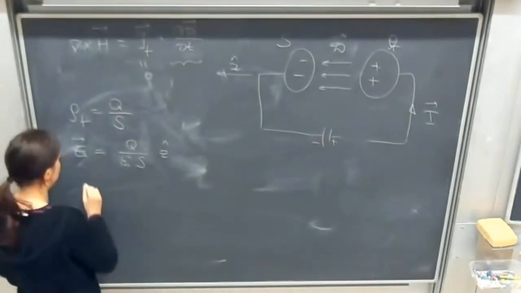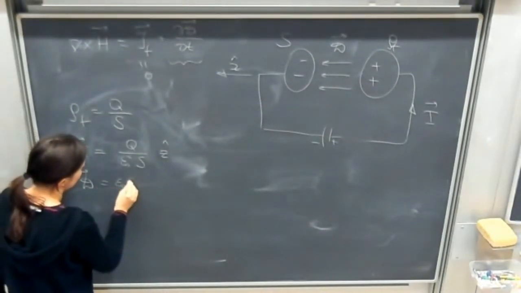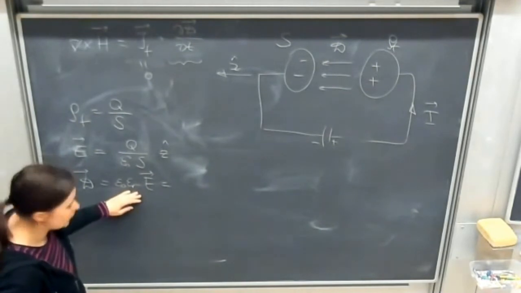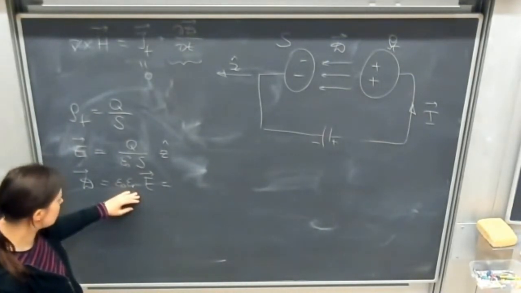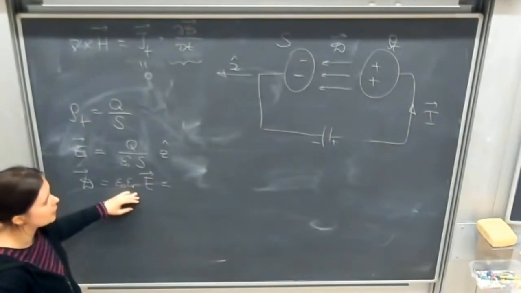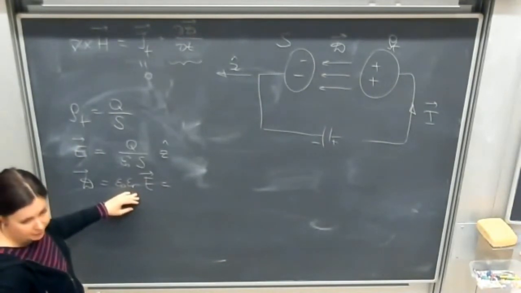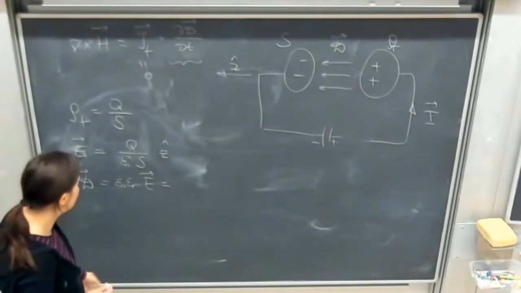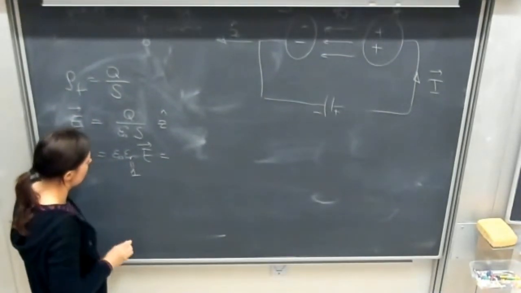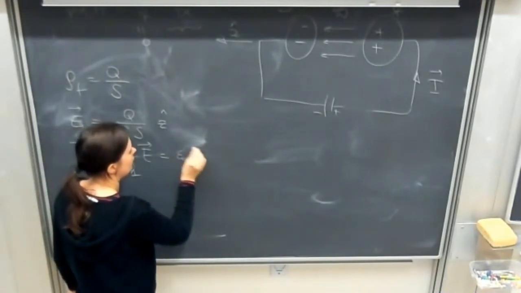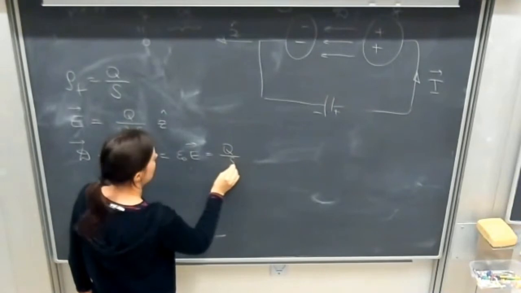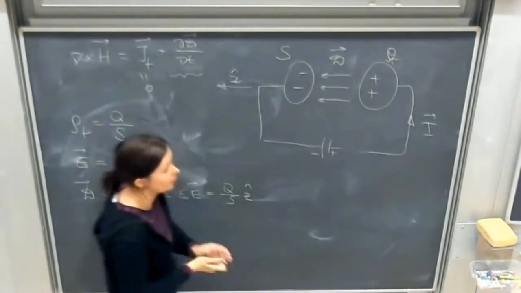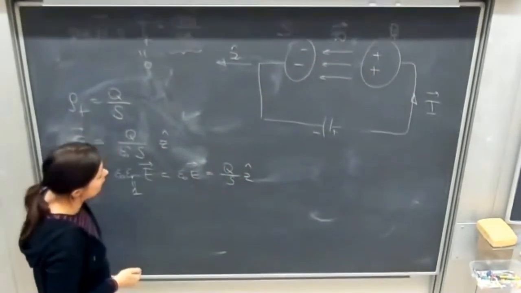And the displacement field is equal to epsilon naught epsilon r times the electric field. Epsilon r, the relative permittivity, depends on the property of the material. In this case, between the capacitor plates is a vacuum, and the vacuum value of epsilon r is 1. So this is the value for the displacement field between the capacitor plates.